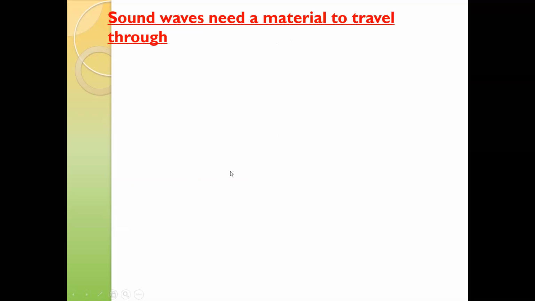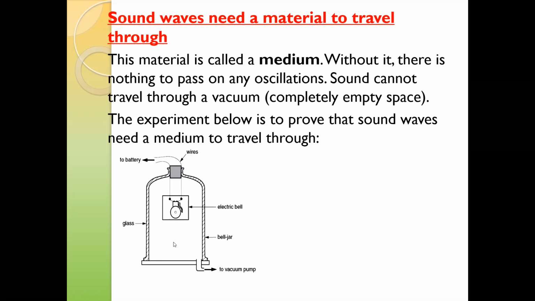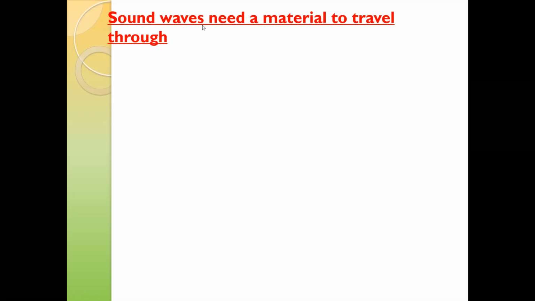A simple experiment to show that sound requires a medium, or sound cannot travel through a vacuum. What we can do, we can use a vacuum pump here. We do a simple bell jar experiment. What is a bell jar experiment?